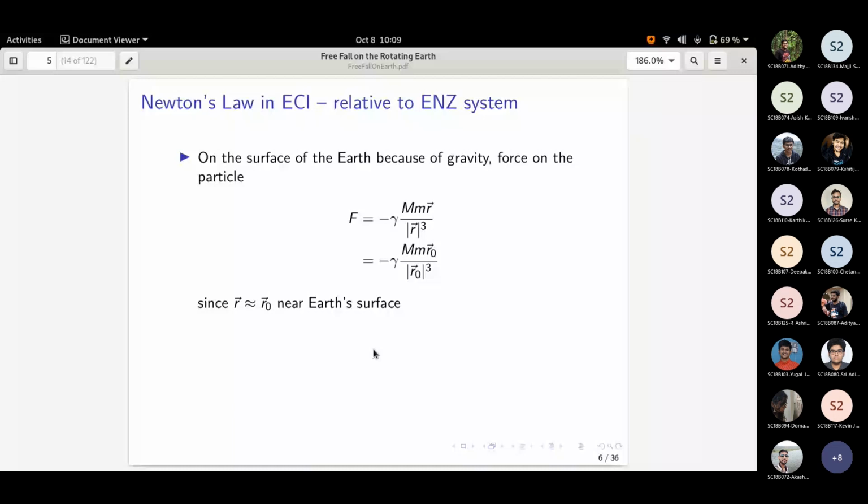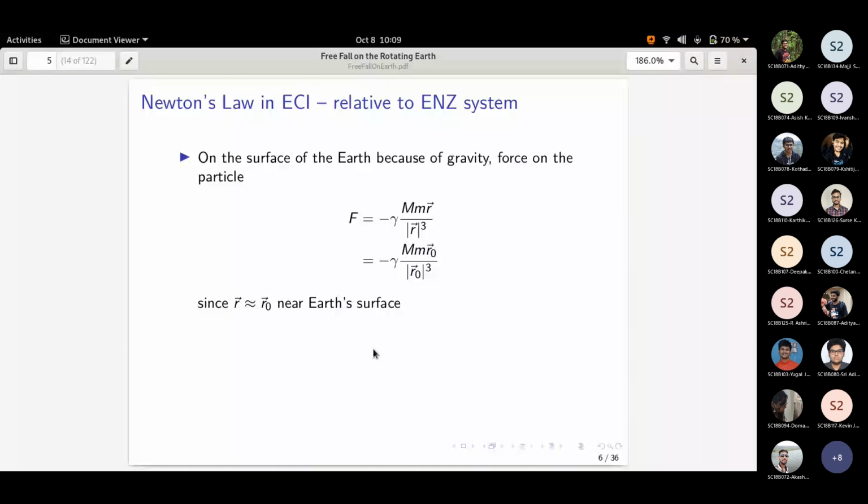So the force we already know is the product of mass, the position vector, some gamma, which is a constant we have to find out, and r naught cube. This is the familiar Newton's law of gravitation which we have already seen.